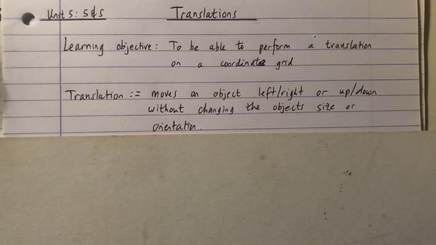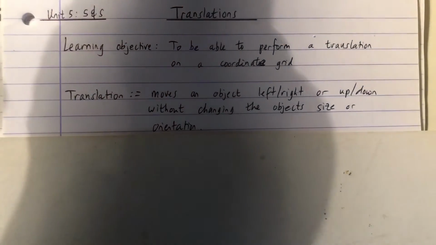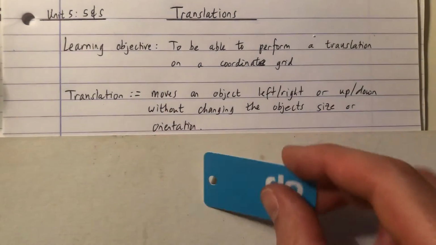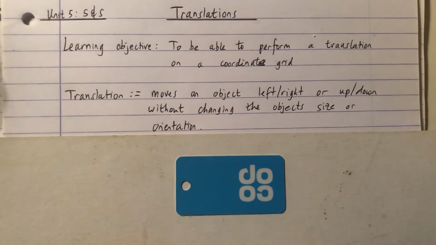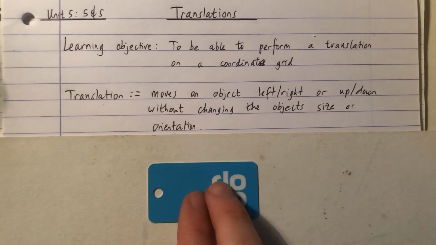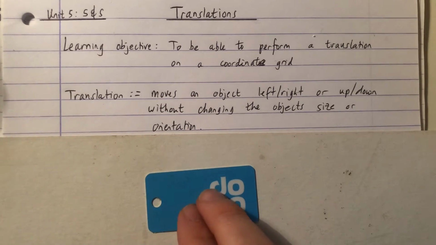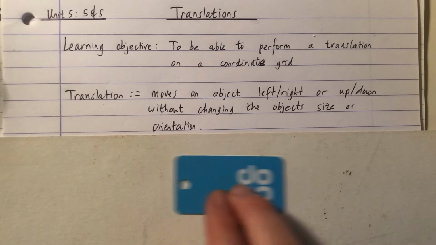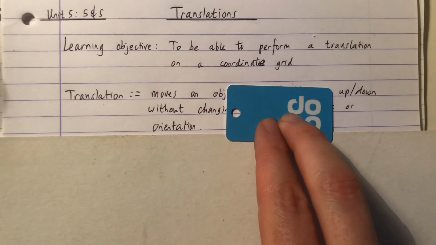Okay, so what that means is if I pick a random object, say this, a translation would move this object left, right. It could move it up, down. It could move it right, then up, and so on.